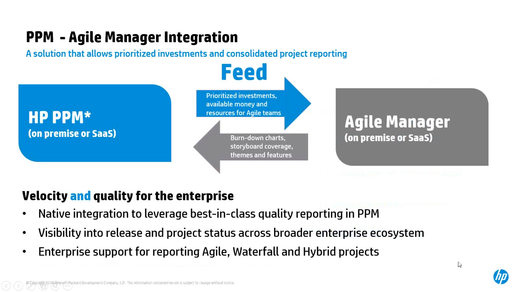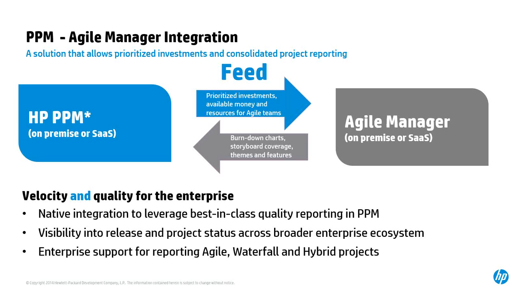So some of the things that we're looking at from PPM and Agile integration, we can feed from PPM our prioritized investments, the available money and the resources for the Agile teams. So being able to manage the resources at the very high level in PPM to make sure we've got the right type of resources, the right number of resources, and the right amount of work for them to do, but let that be fed down into Agile for it to be managed at the team level.